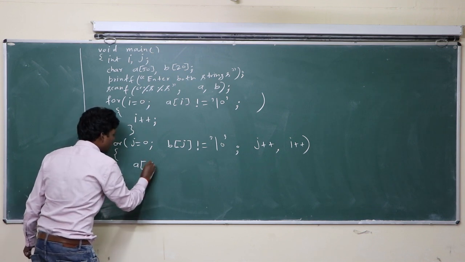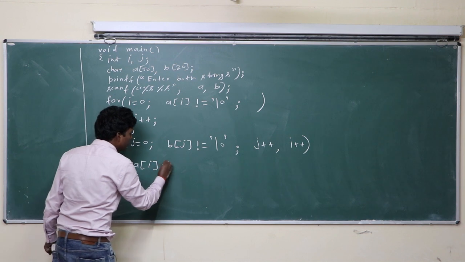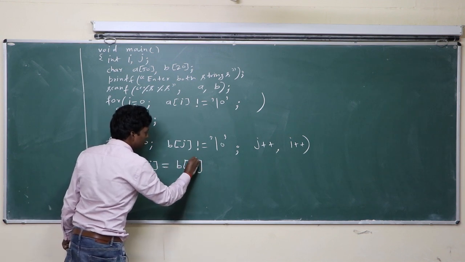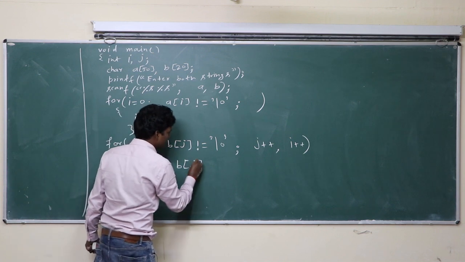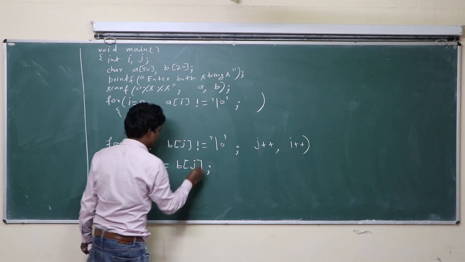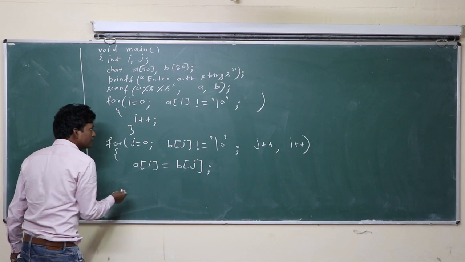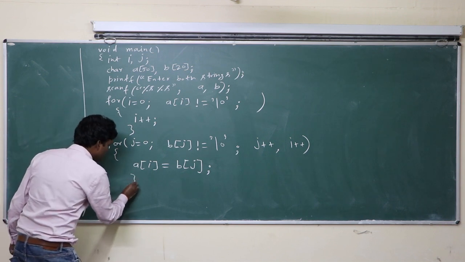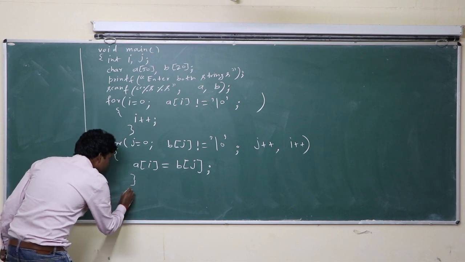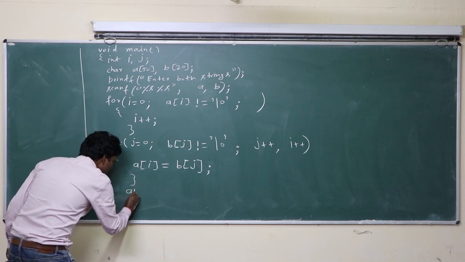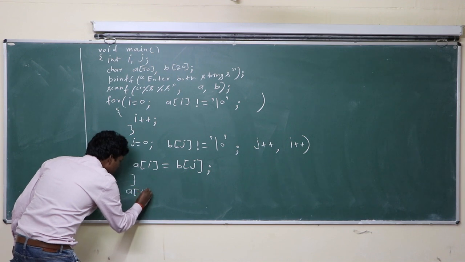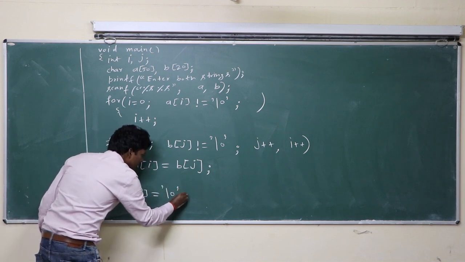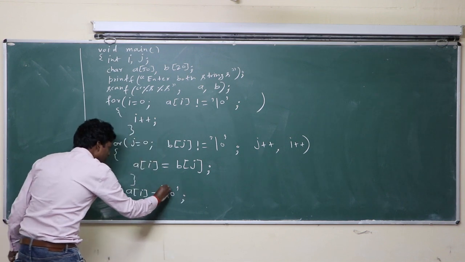Here a of i equal to b of j, and then a of i equal to null character. This is the null character.